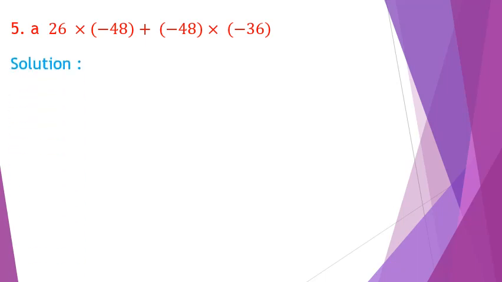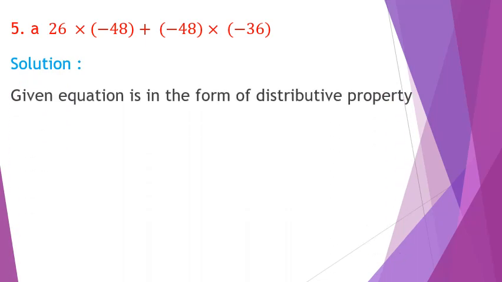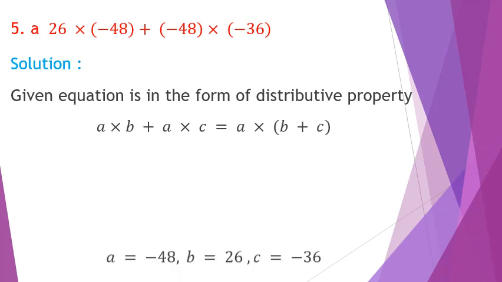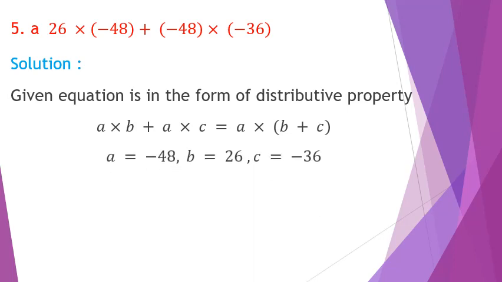So here we use the distributive property, that is A into B plus A into C equal to A into (B plus C). Here A equal to minus 48 because minus 48 is coming in both the terms. B equal to 26, C equal to minus 36.